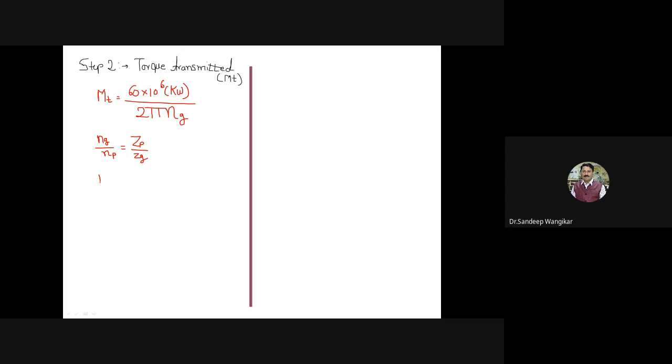So I will write NG is equal to ZP into NP divided by ZG. So I will write here 20 into 1450 divided by 50.